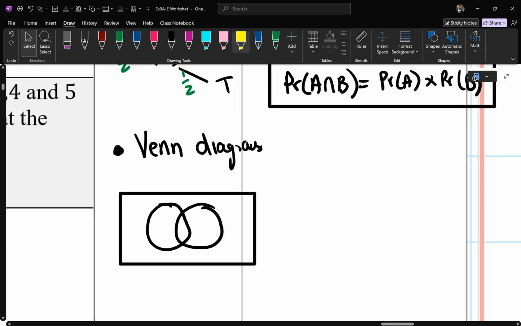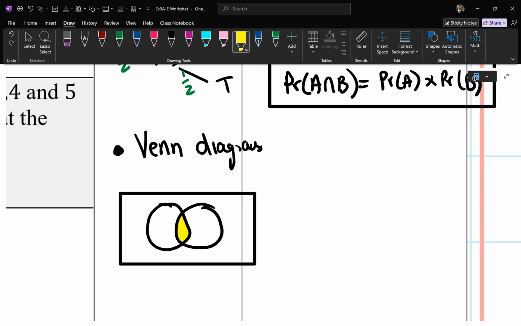I'll color them: the one in the center that overlaps between group A and group B, the group that only has A, the group that only has B, and the white region, which is everything outside of A and B. Those 4 regions had special symbols that you needed to remember. The first one was easy. The middle there is A intersection B.